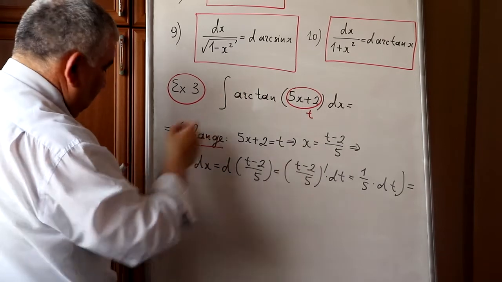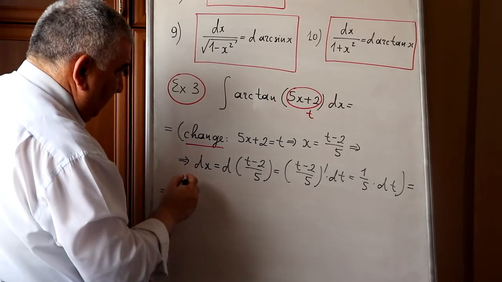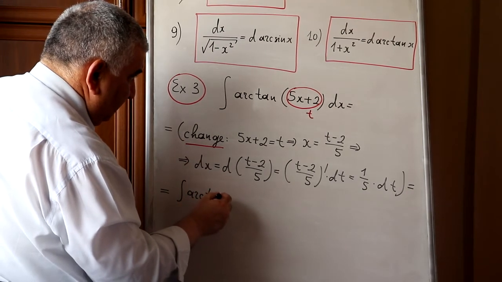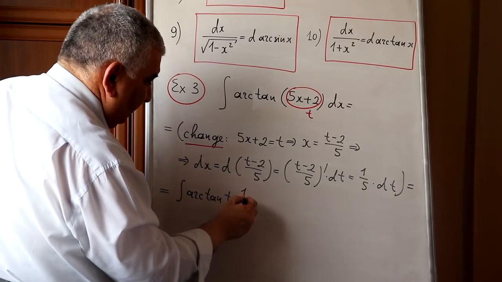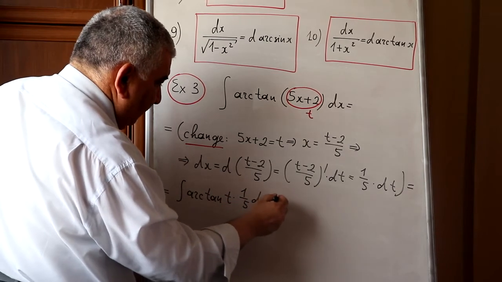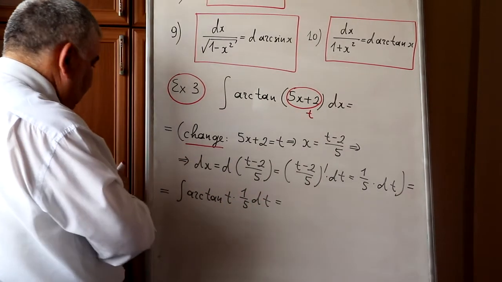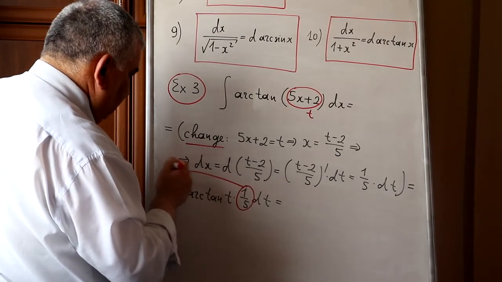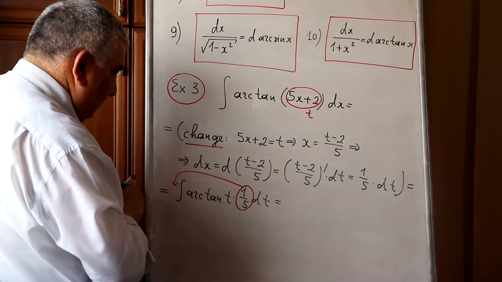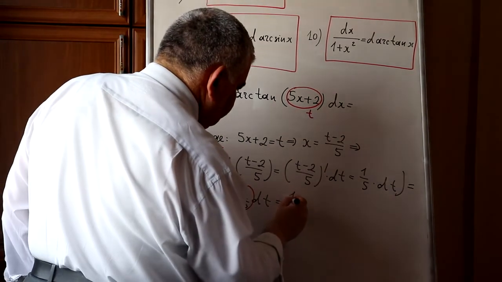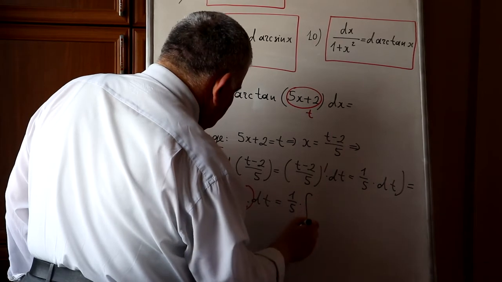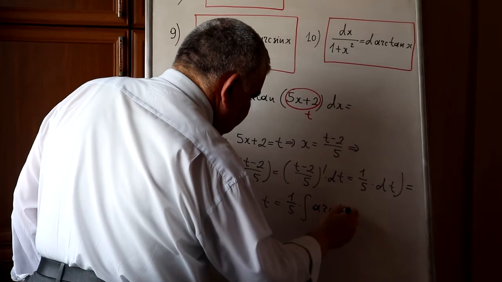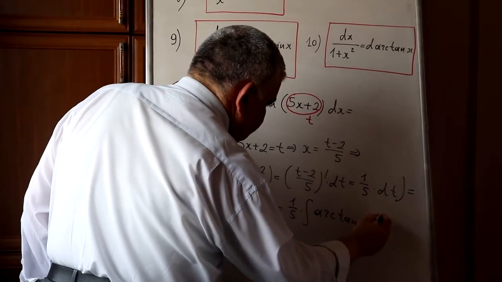Apply this change into the given integral: arctangent t multiplied by 1/5 dt equals, we can take 1/5 out of the integral symbol, 1/5 multiplied by the integral of arctangent t dt.